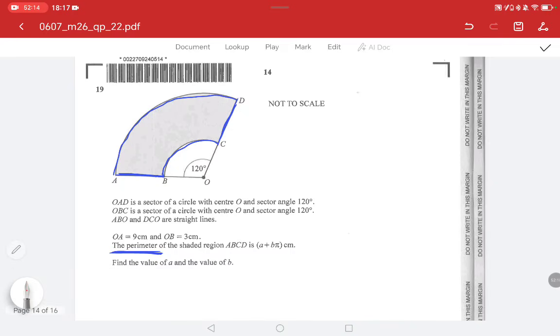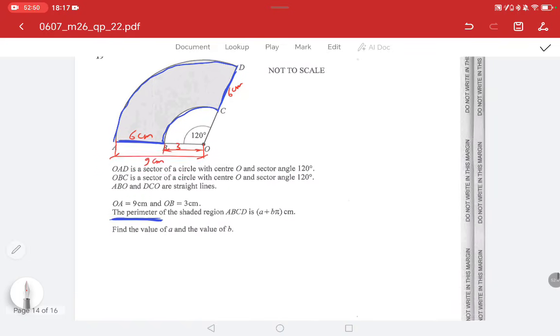Now after reading the question, we discovered that OA, this side, this radius, the major radius, is 9 centimeters, while the small radius is 3. So 9 minus 3 means this one is 6 centimeters, and this one is the same, 6 centimeters.